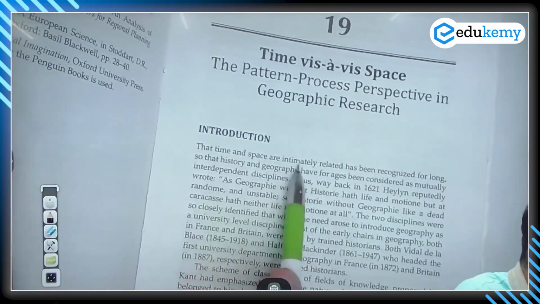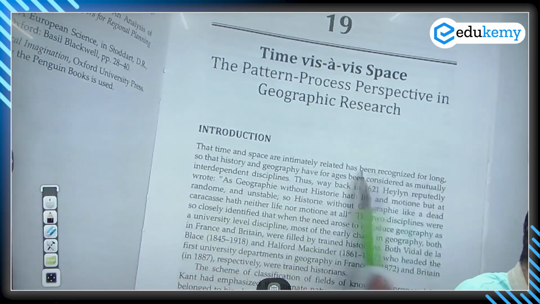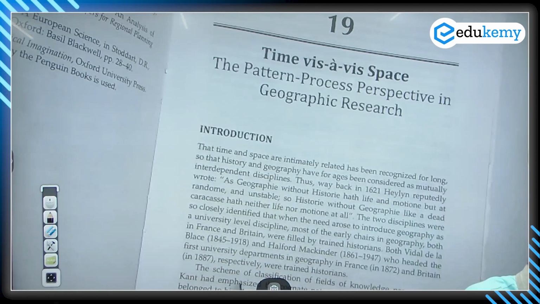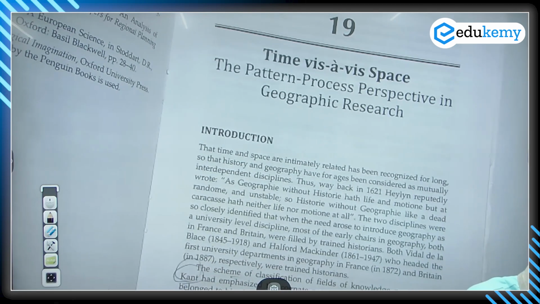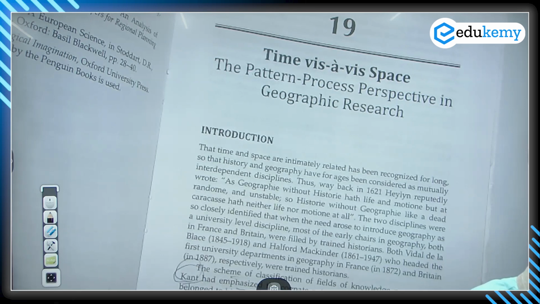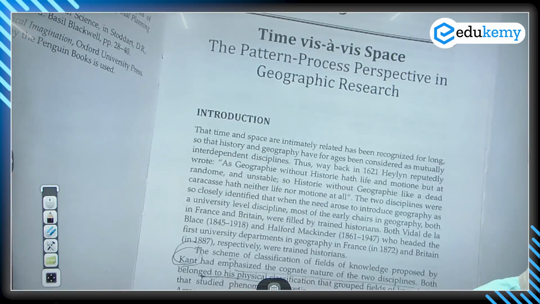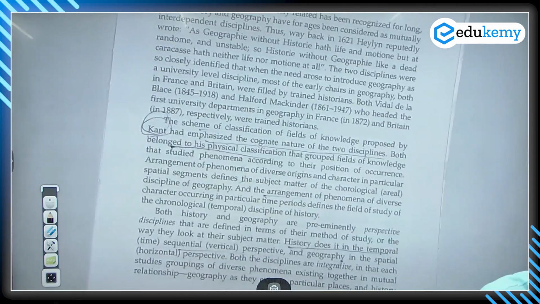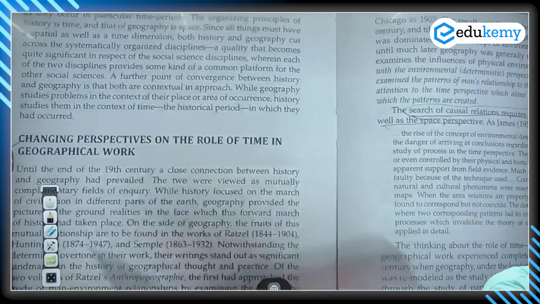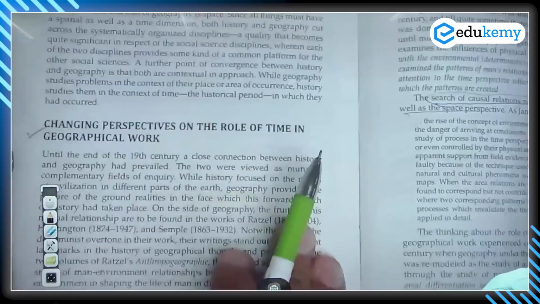Time and space are intimately related, recognized for a long time. So the scheme of classification of field knowledge proposed by Kant emphasized the cognate nature of the two disciplines. They both belong to physical classification and the point of occurrence. Okay, and in this, the arrangement of time, history in the temporal sense, the vertical sense, and the changing perspectives of time.